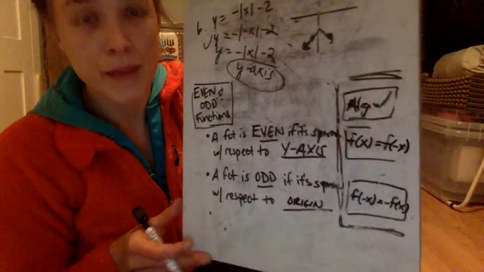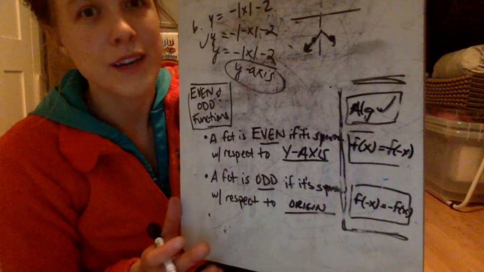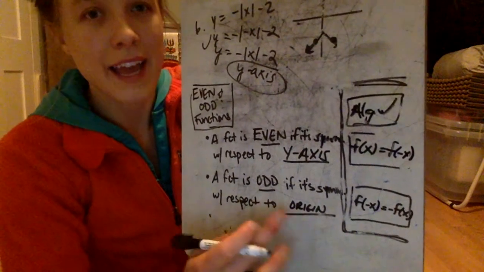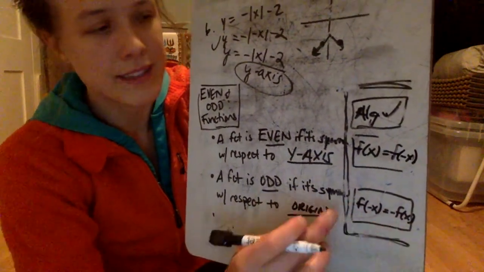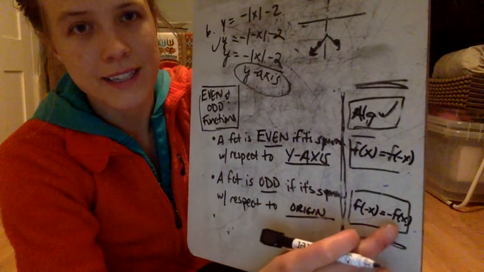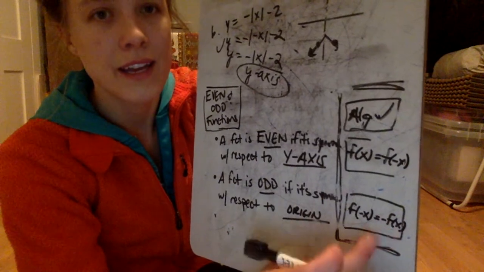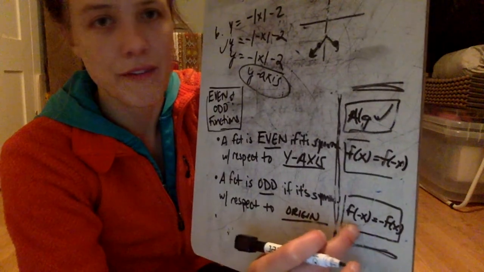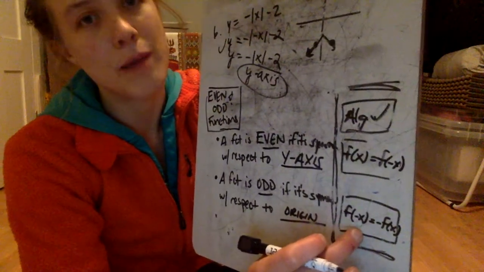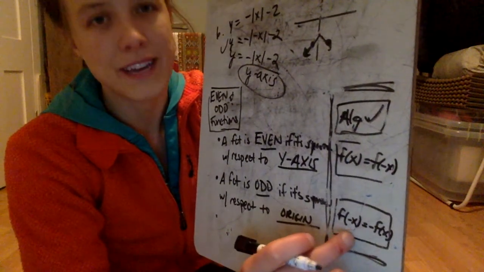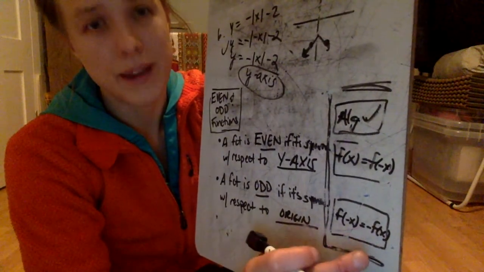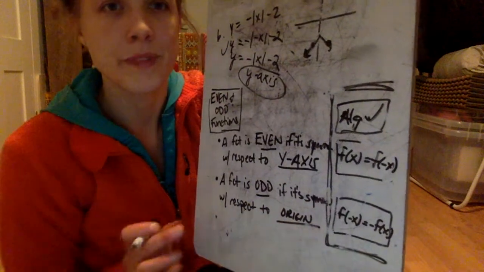Because this is what happens when I plug in negative x and negative y. Negative f of x is the same thing as negative y, and this f of negative x makes it so I'm switching both positive x to negative x and positive y to negative y.